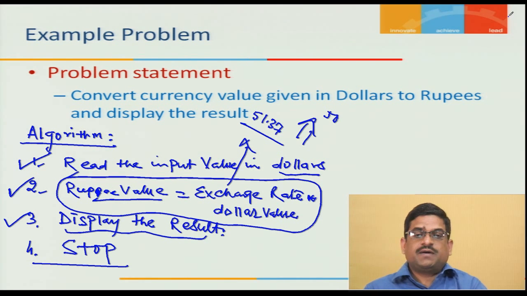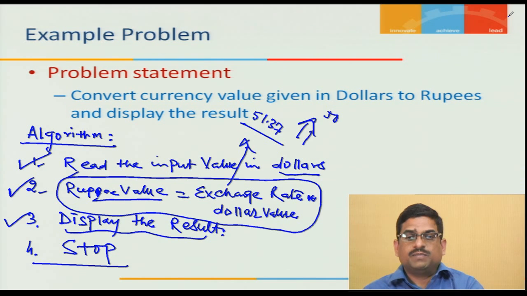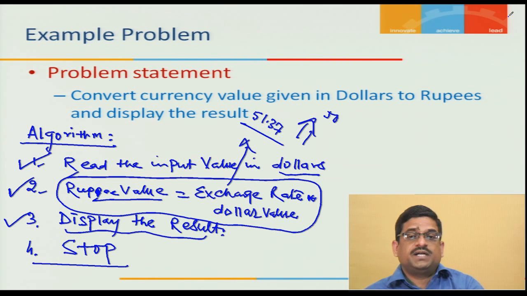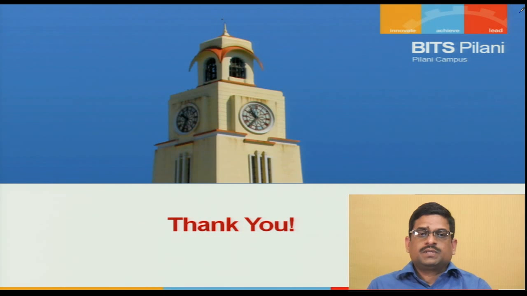I don't have to manually multiply the exchange rate and dollar value every time. I wrote my program one time, and then I can convert thousands or millions of dollar values into rupee values. That is the advantage of the program. So that's all for today's lecture. Thank you very much.